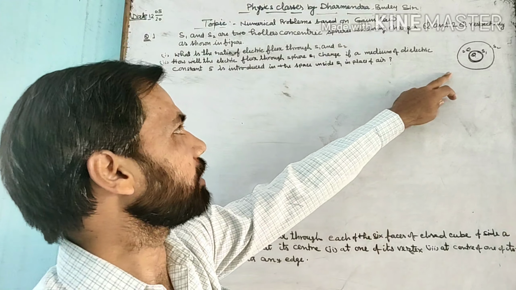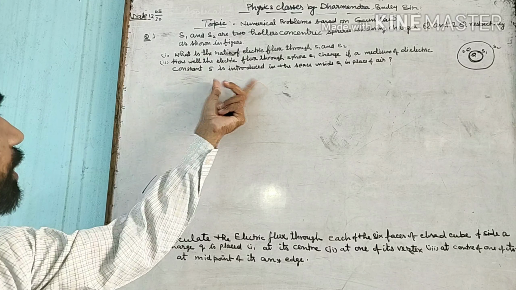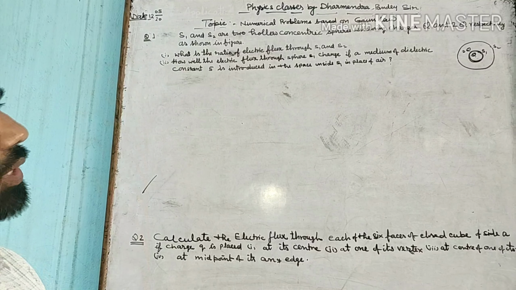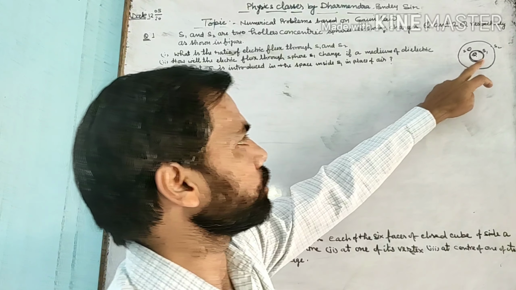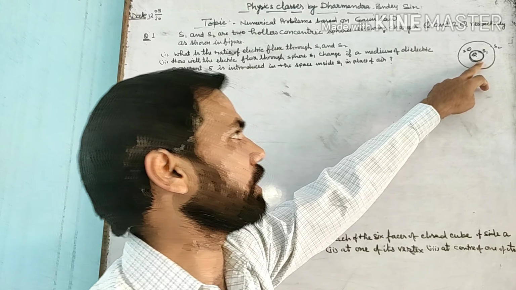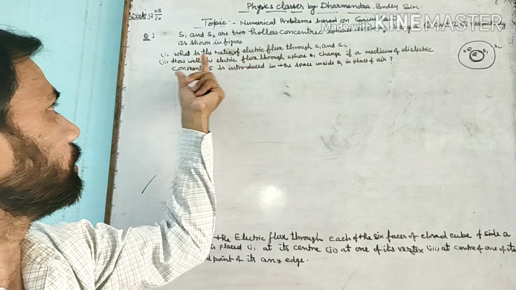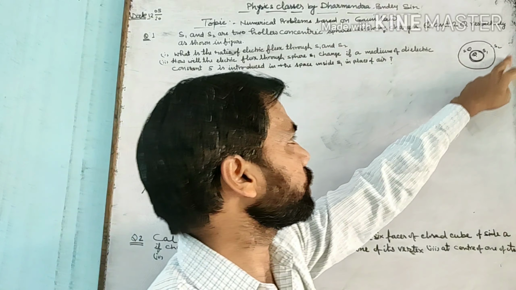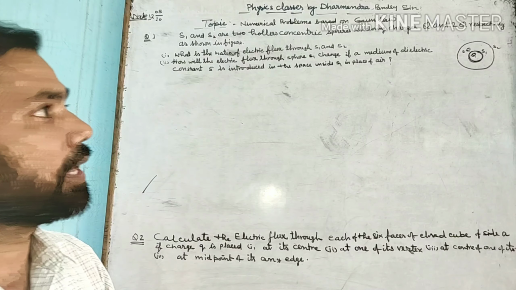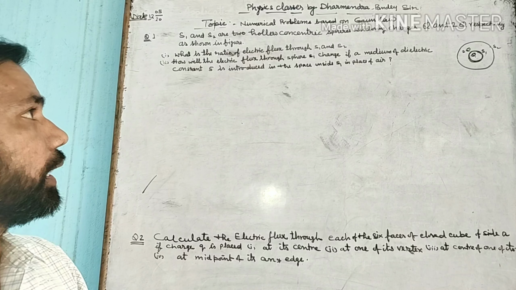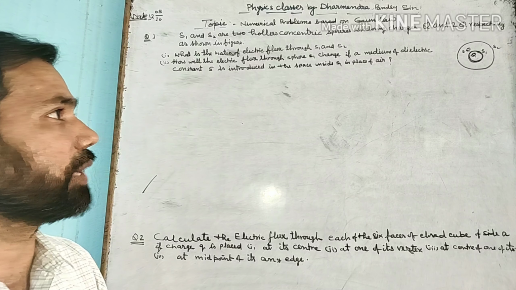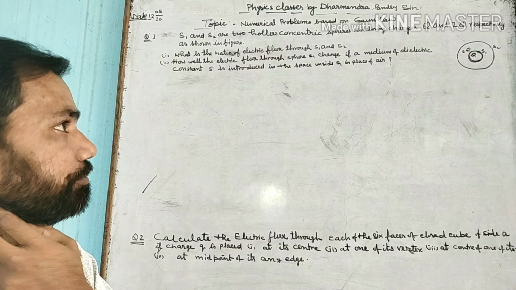This is the situation. First of all we have to calculate the flux passing through the first sphere S1 and the flux passing through the second sphere S2, and then we have to compare these two fluxes.